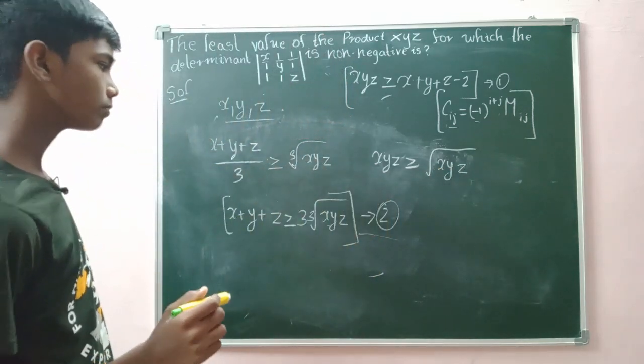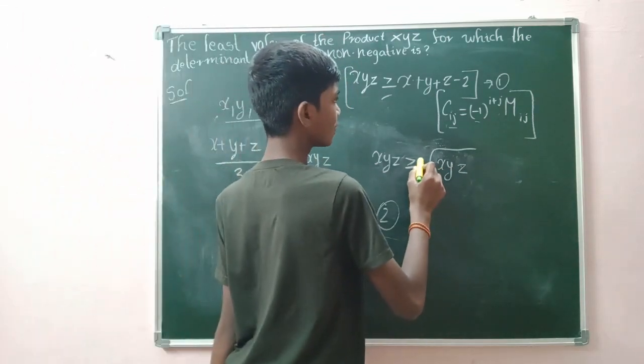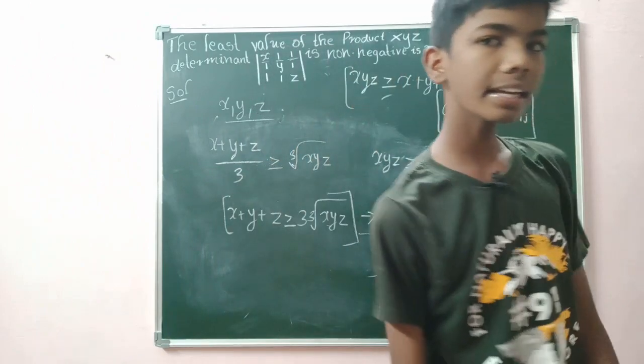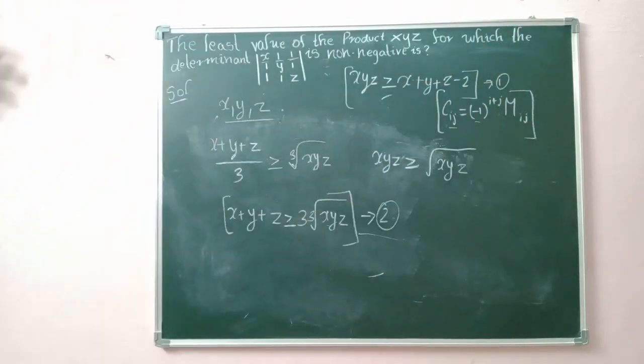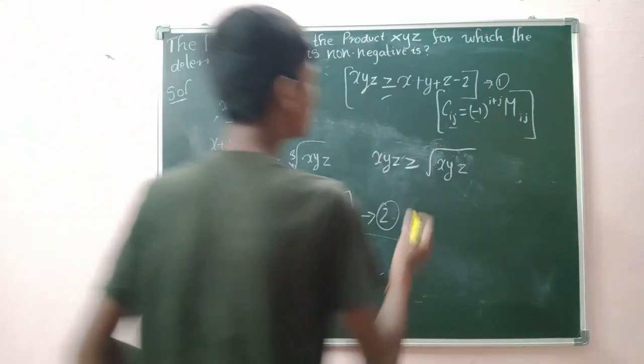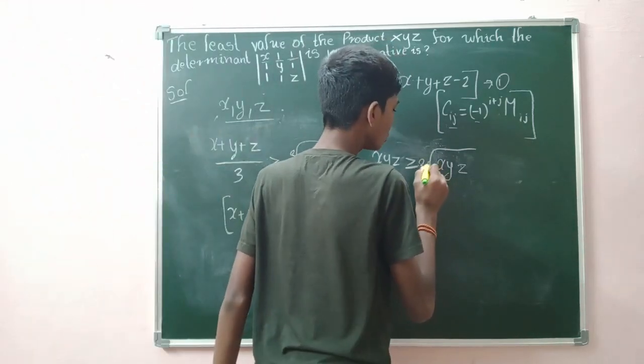Okay, 3 times the cube root of xyz, or what? Think carefully and say, if I have it like this, what will I have? 3 times xyz. Okay. Yes, correct. So 3 times the cube root of xyz.